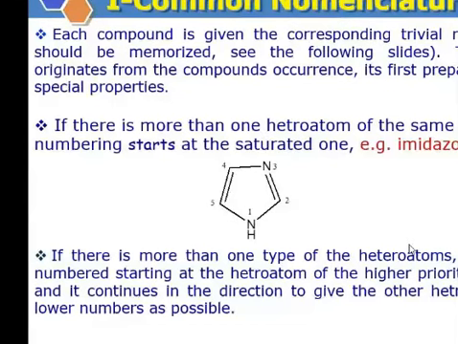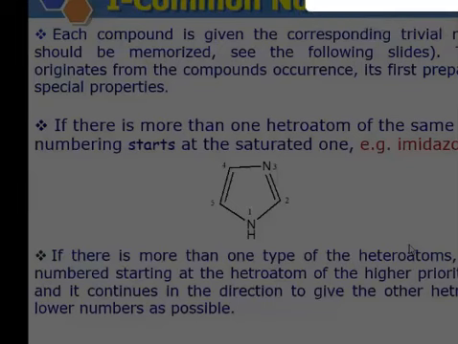Now, if there is more than one type of heteroatom, in that case, the ring is numbered starting at the heteroatom of higher priority.